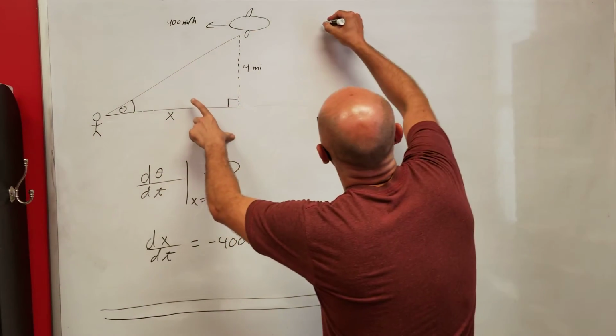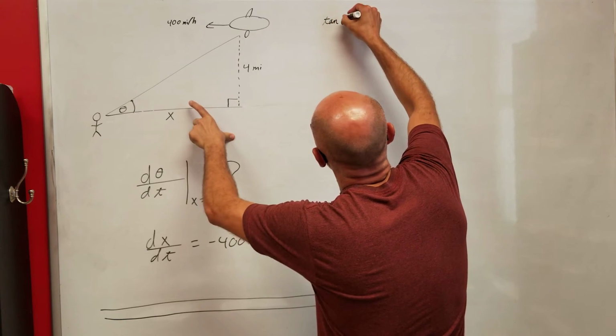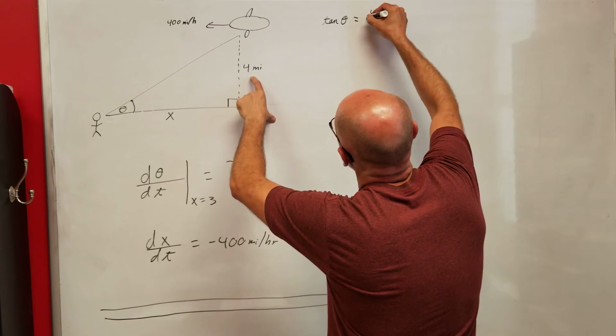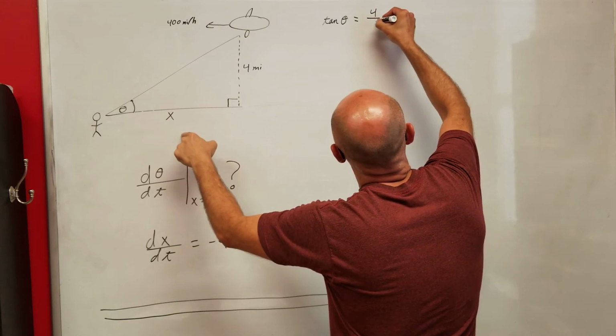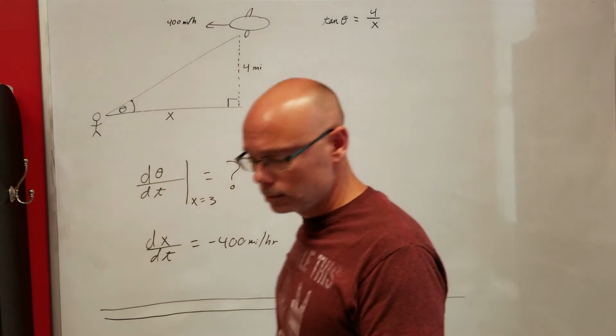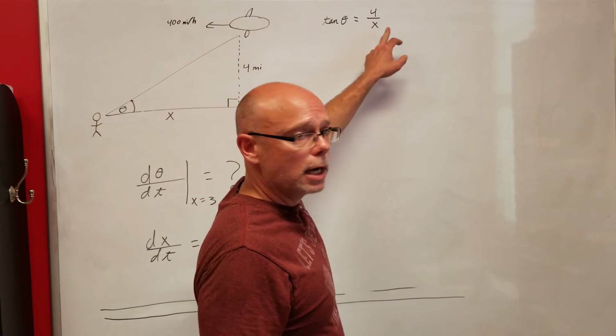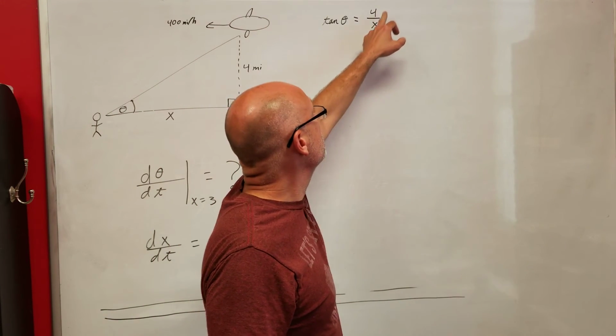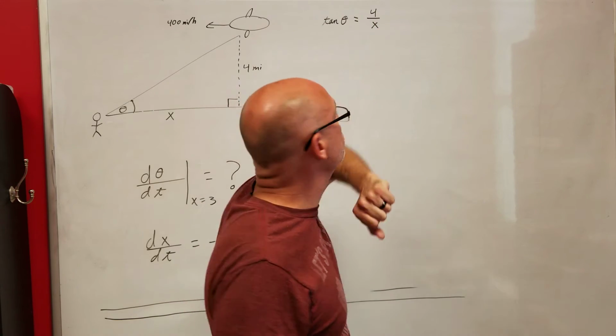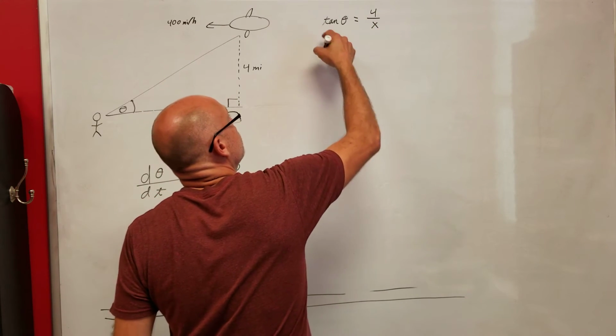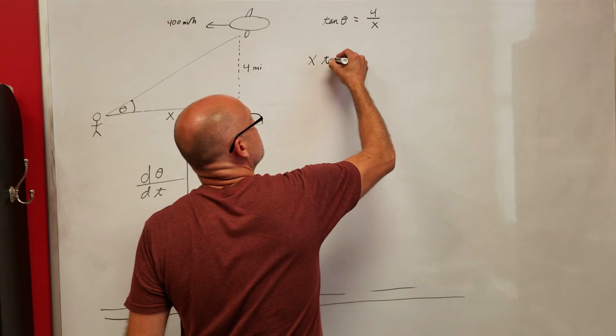I would say something like the tangent of theta is equal to opposite over adjacent, or 4 over x. Some of y'all want to use the cotangent as x over 4, that's fine as well. Now I could take the derivative of both sides with respect to t, but I'm going to have to use a quotient rule if I do that. To avoid that, I'm going to multiply both sides by x.